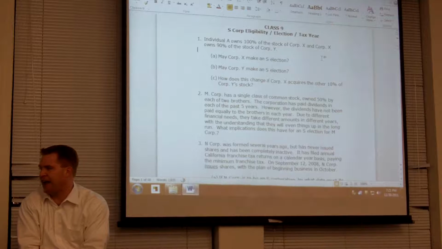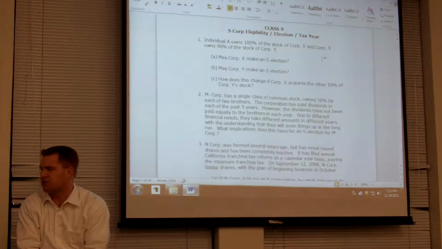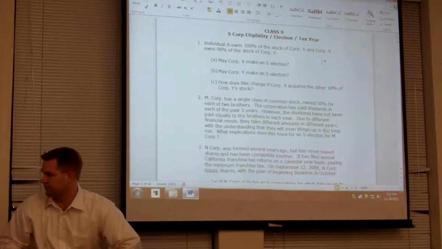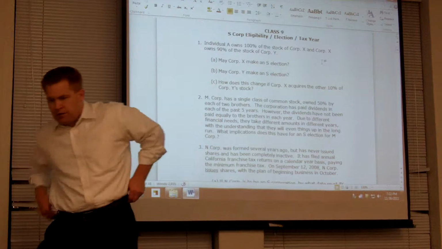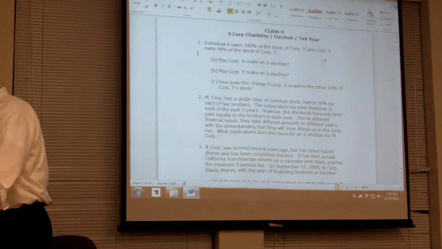So individual A owns 100% of the stock of Corporation X, and Corporation X owns 90% of the stock of Corporation Y. Okay. So let's see if we can draw that.